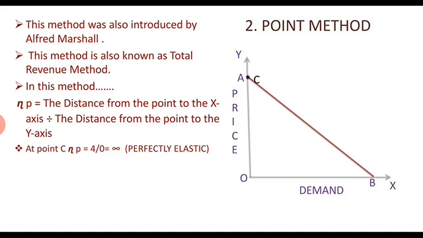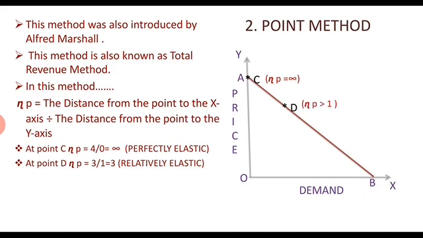It is perfectly elastic demand. At the point D, eta P is equal to 3 by 1, which is equal to 3, relatively elastic demand. At the point E, eta P is equal to 2 by 2, which is equal to 1, unitary elastic demand.